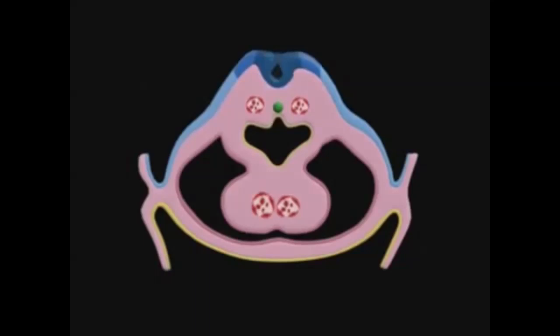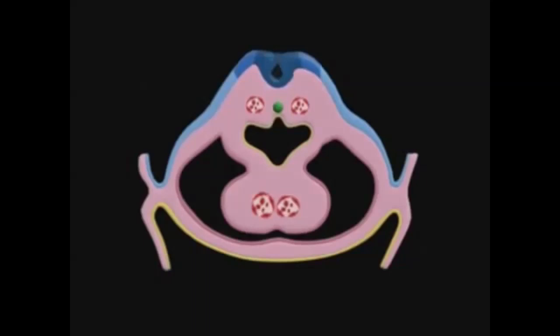Now we can see that the foregut, the primitive intestine, is closed and it's lined with a yellow line. It means it was developed from entoderm.